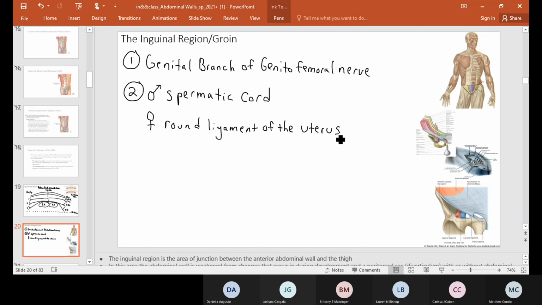Also understand that the spermatic cord and the inguinal canal, more specifically, is going to be the area of descent for the testicles.